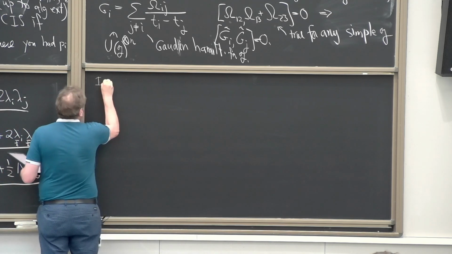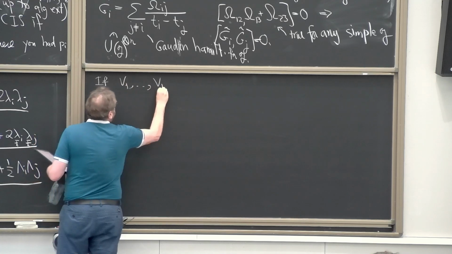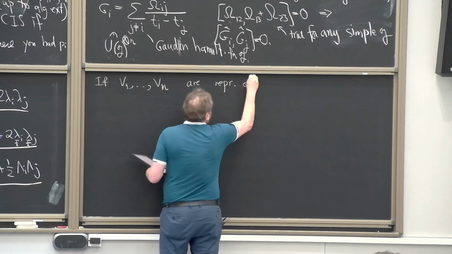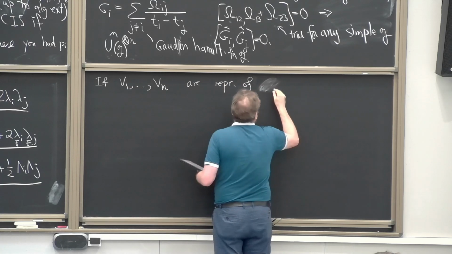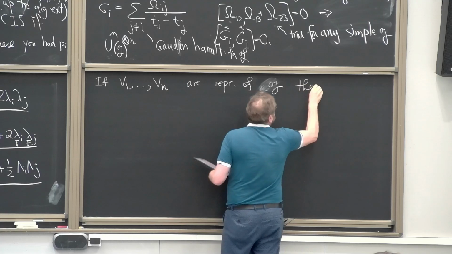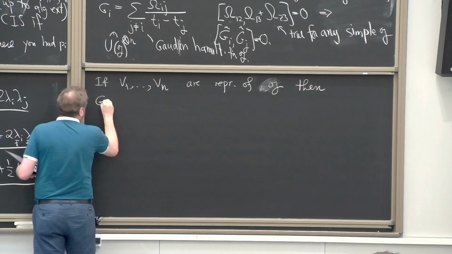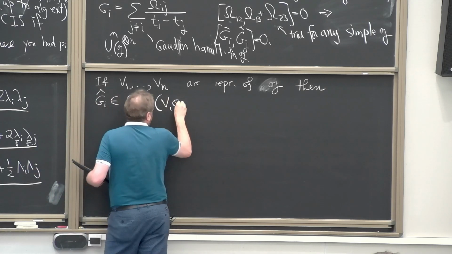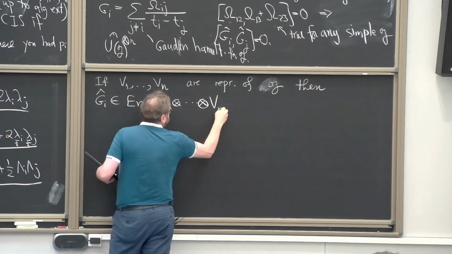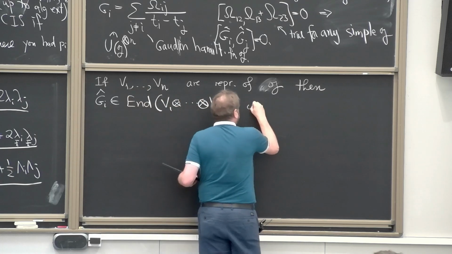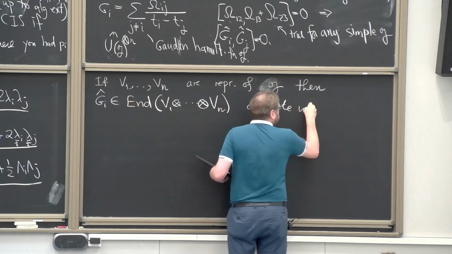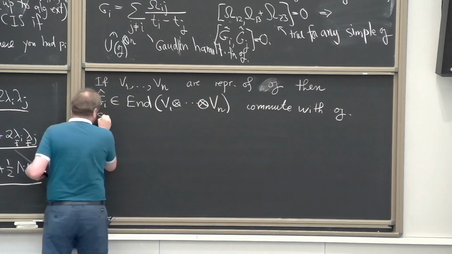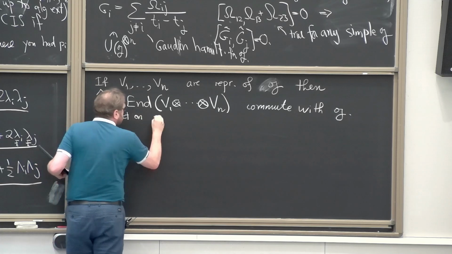So if V_1, ..., V_n are representations of SL2, of g actually, then these G_i hat become operators on the tensor product V_1 tensor ... tensor V_n, which commute with g. And in particular, they act on the invariants.